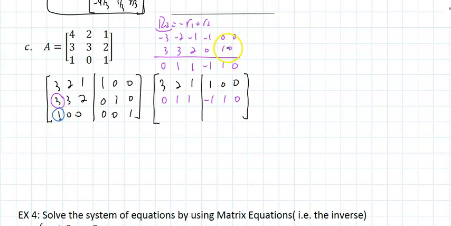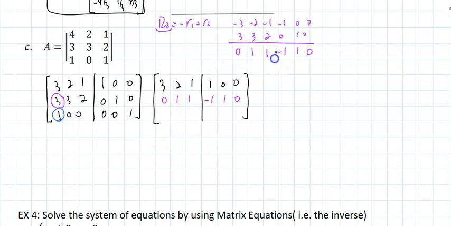I'm going to take row 3 and let it be negative 3 row 3. That should be a 1, no? Negative 3 row 3 plus row 1.